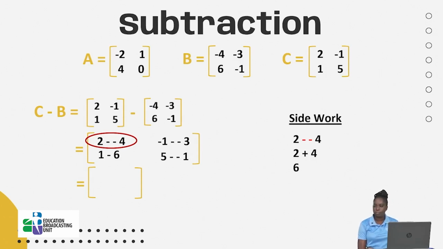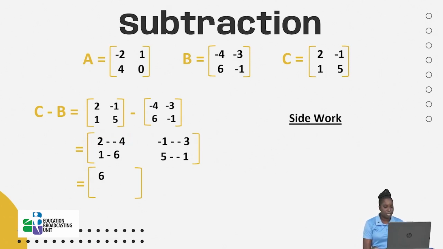And we all know 2 plus 4 is 6. And so we insert 6 in our new matrix. Next position, negative 1 minus negative 3. So again, those two signs coming together mean to add, so that can be rewritten as negative 1 plus 3.